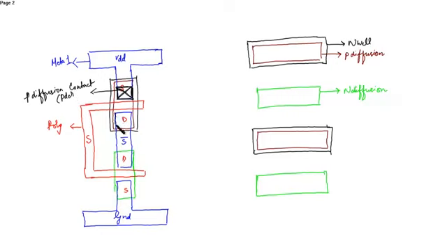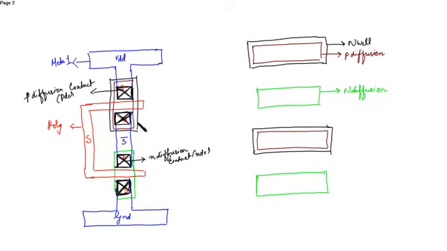Similarly, we have to place a P diffusion contact over here. This is an N diffusion contact or an NDC contact in order to make a contact between the N diffusion layer and the metal layer. Similarly, an NDC contact is placed over here.